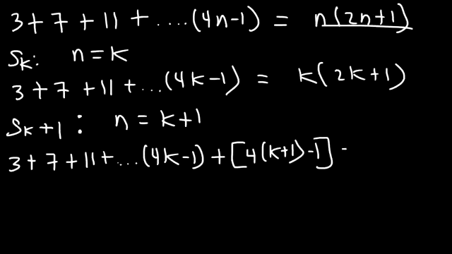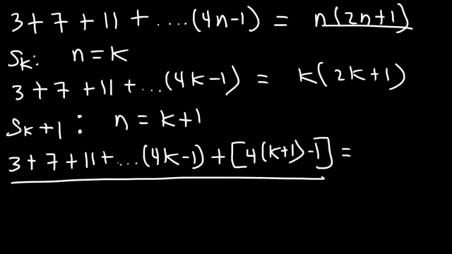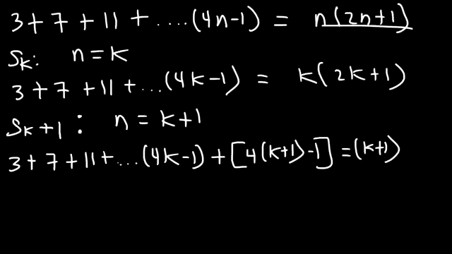That's going to be the next term. Now on the right, this entire sum should equal this expression if we replace k with k plus 1. So everywhere you see a k, replace it with k plus 1. So it's going to be 2 times k plus 1, and then plus 1. I'm running out of space there.